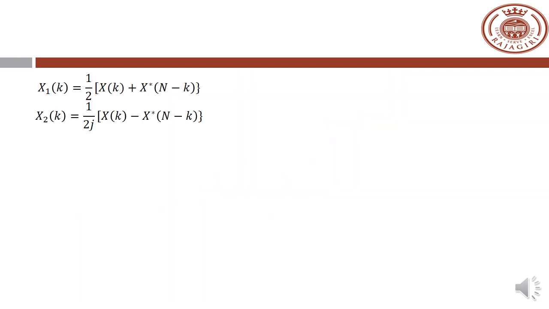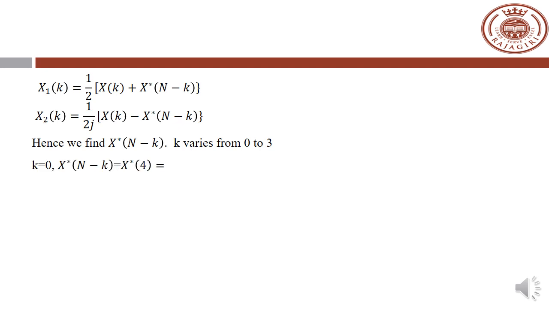As we did in the previous question, after finding X of k, we need to find X conjugate of N minus k in order to calculate X1 of k and X2 of k. So, by substituting values of k from 0 to 3, we get the following values of X conjugate of N minus k.